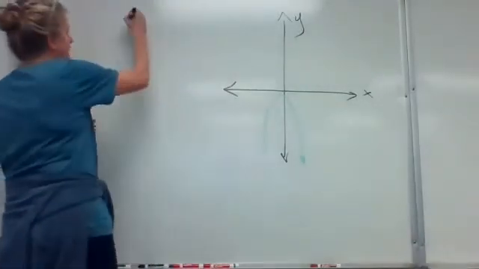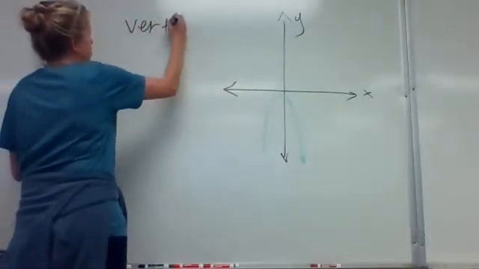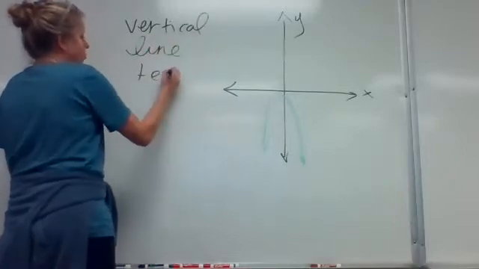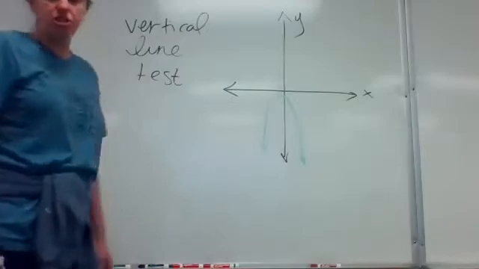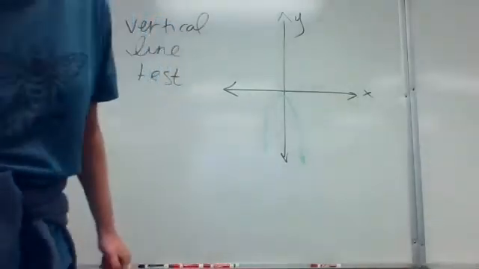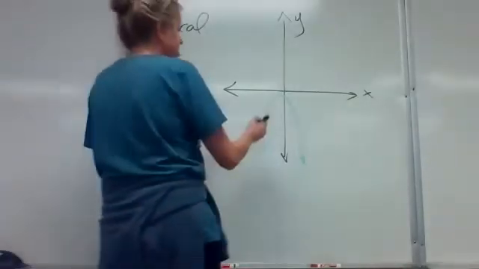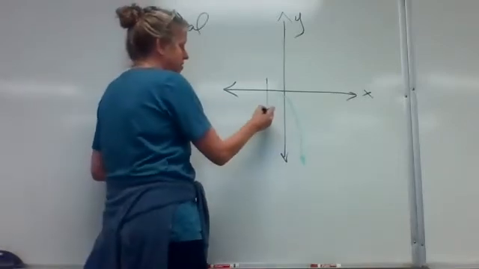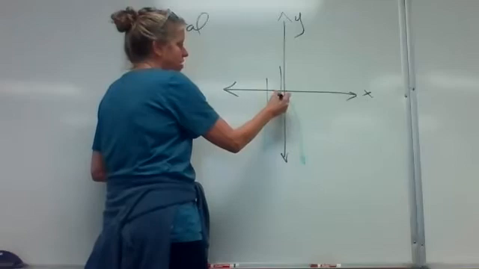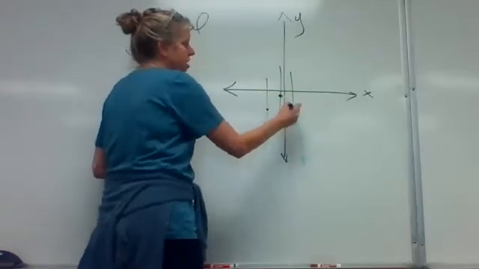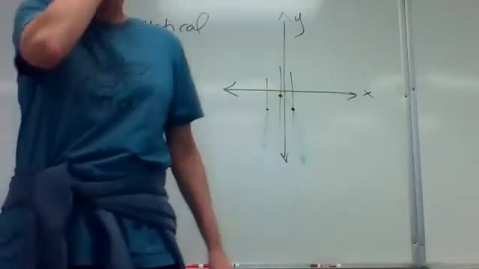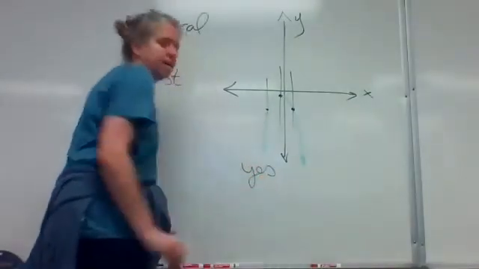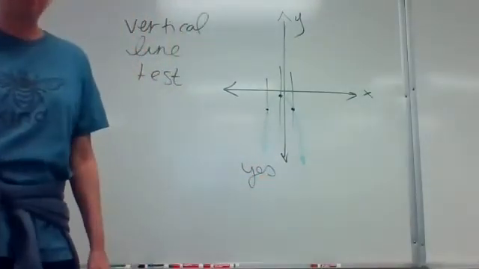If you have the graph that you're looking at, you use the vertical line test. What the vertical line test tells you is if you can draw a vertical line anywhere and touch it more than once, it's not a function. But on this one, it doesn't matter where I draw a vertical line. I'm only going to touch that upside down parabola one time, which means, yes, this is a function.